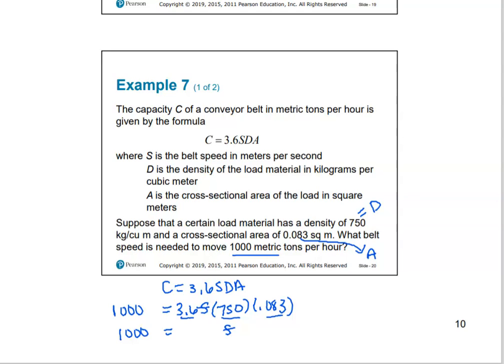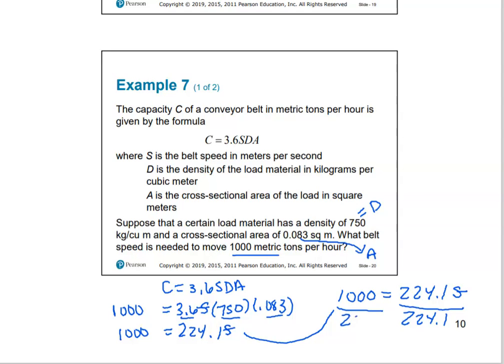And when I multiply that, I'm coming up with 224.1 times S. And so now I'm going to move this over here so you can see it a little bit better. But I've got 1,000 equals 224.1 S. We're going to want to divide that 224.1 on both sides of our equal sign.